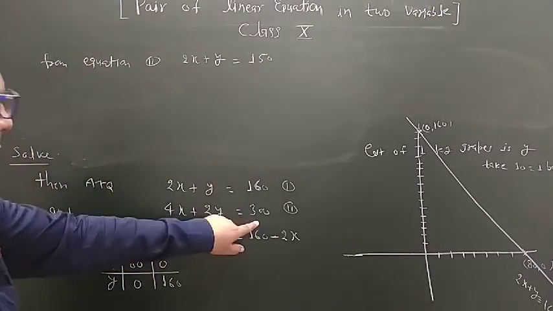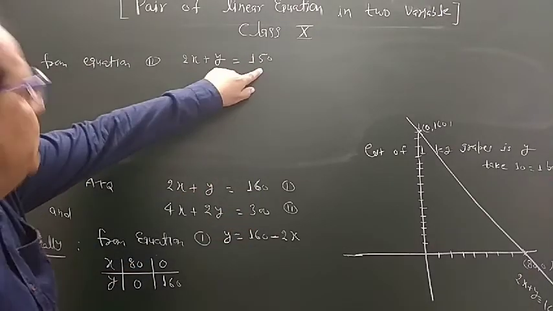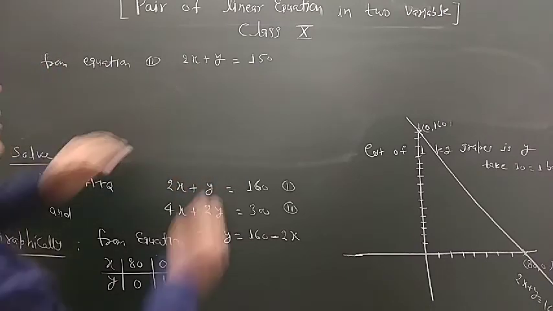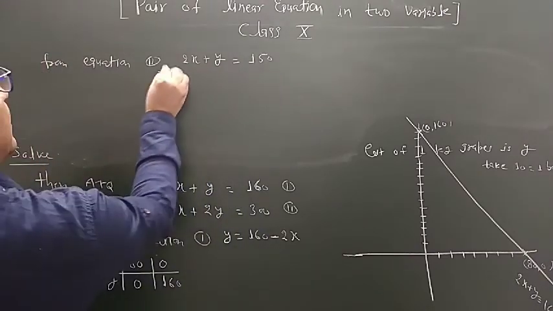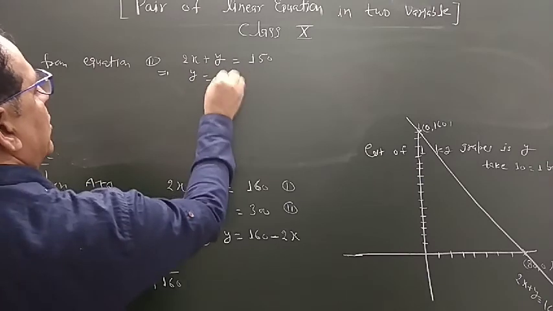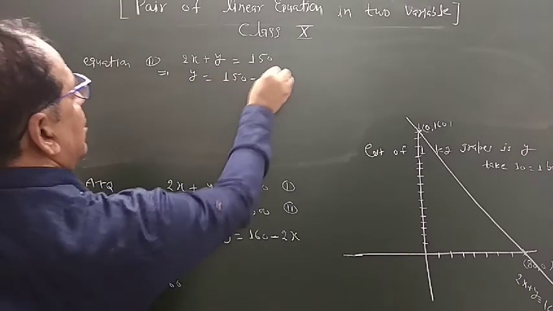This equation can be written as 2x plus y equal to 150 after dividing by 2. Now this can also be represented as y equal to 150 minus 2x.